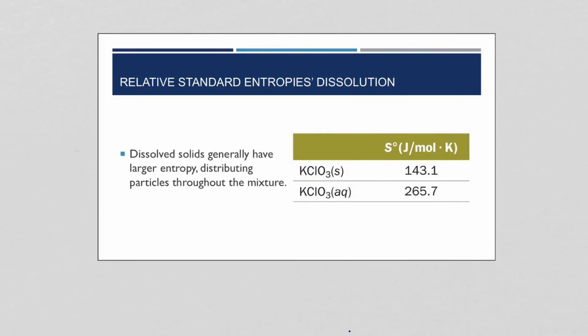Solids tend to have very low entropy anyway, but creating a solution will always increase the entropy because you're dispersing the energy that was contained within the crystal into the entire solution. So now we see how various factors of the structure or form of the material can affect its standard entropy.